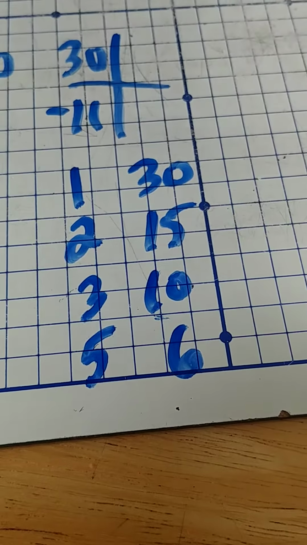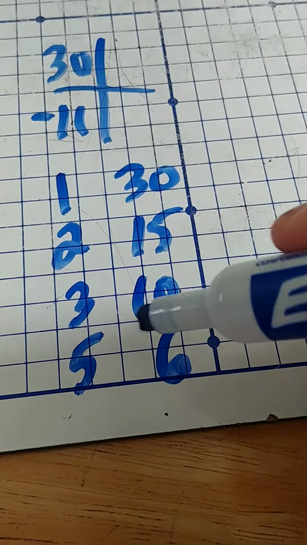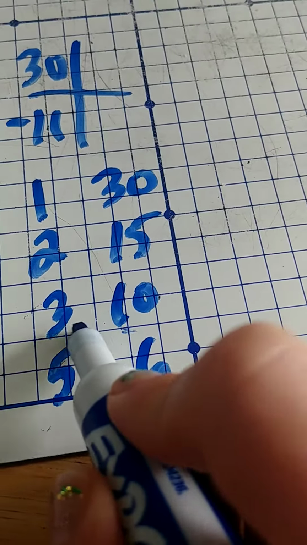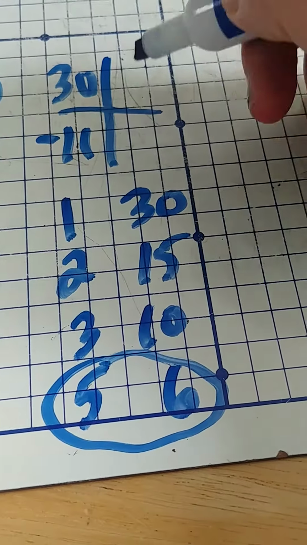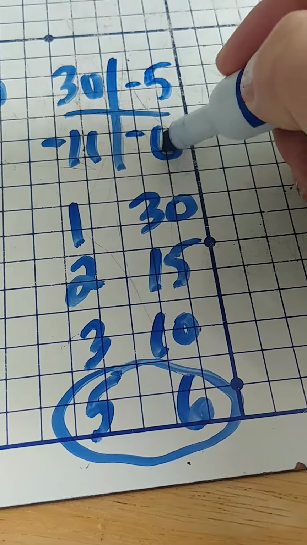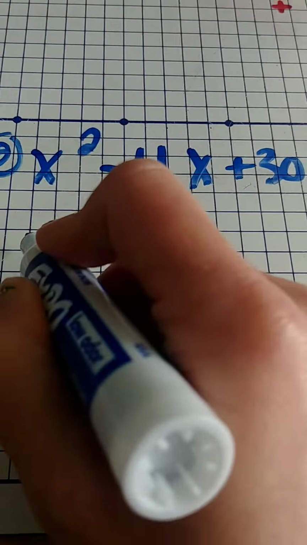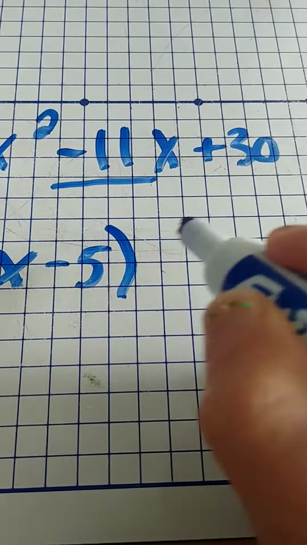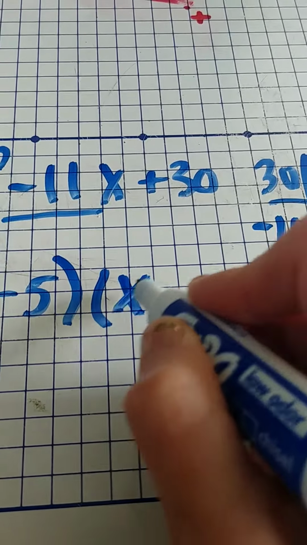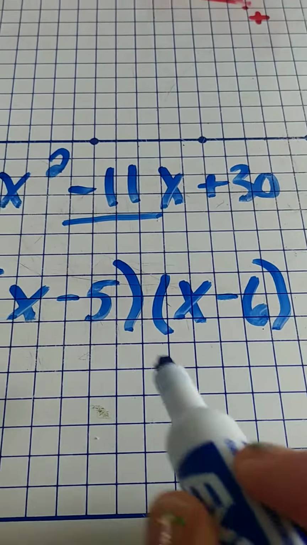Sorry, guys, I forgot, not 3 and 5, that's 15. So when I look at what could possibly add to 11, I can see that 5 and 6 would add to 11. And since it's a negative 11, I need them both to be negative. So I end up with x minus 5 and x minus 6 as my answer.